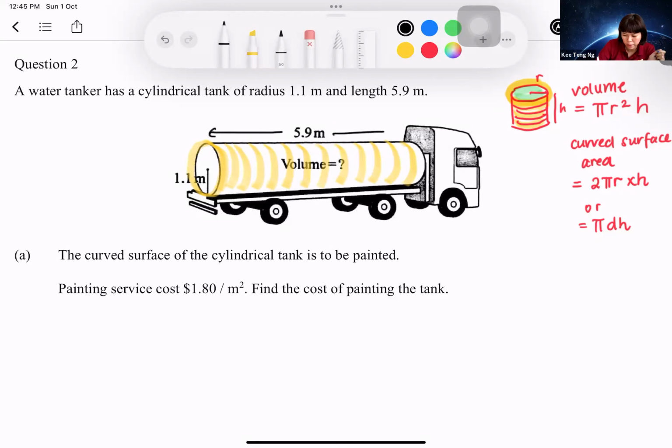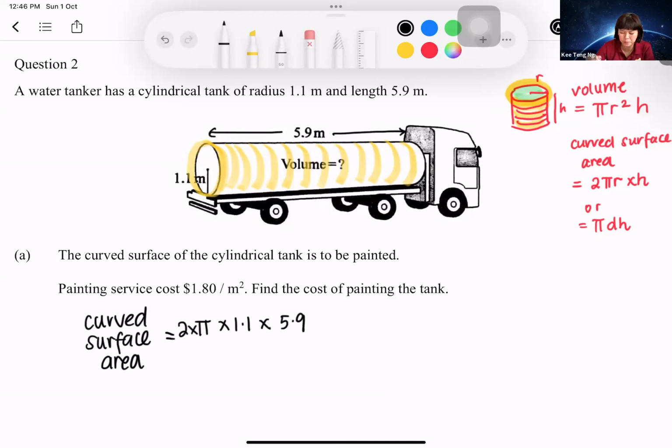And I know the radius is 1.1. So I need to find the curved surface area. That will be 2 pi r, sorry, 2 pi r times the whole length, 5.9.